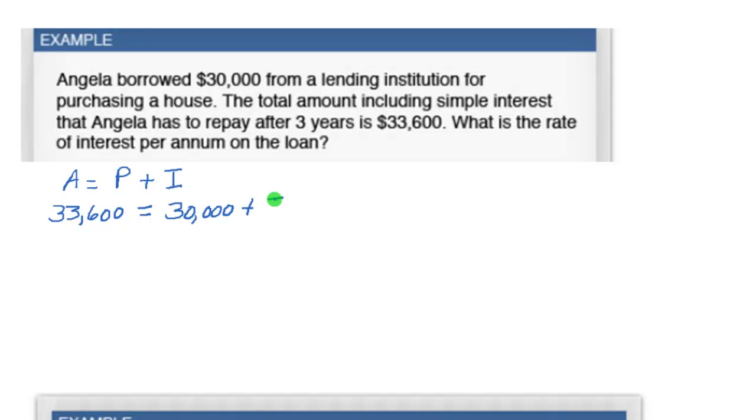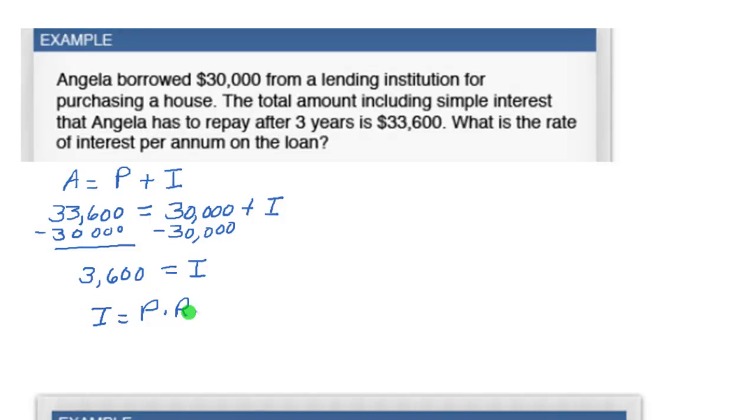So let's use that first to find the interest. So if we subtract 30,000 here from both sides, then we're going to get over here $3,600, which is our interest. Now remember that our simple interest formula is interest equals principal times rate times time divided by 100.